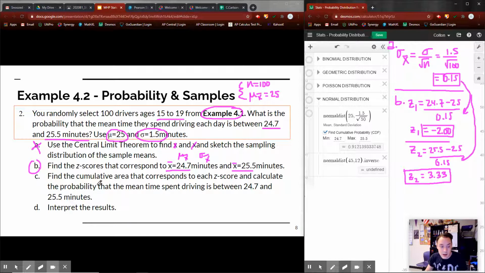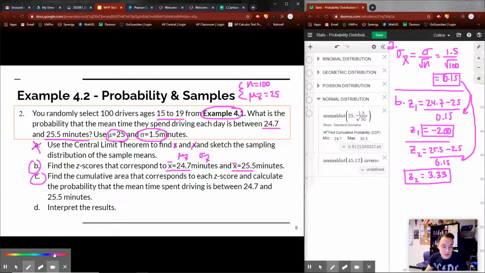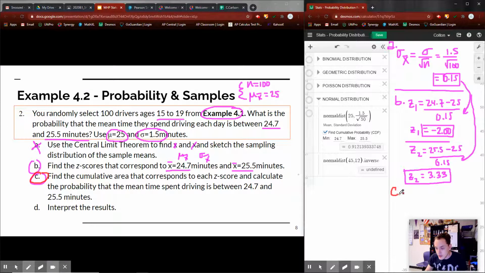Okay, fantastic. Now, what is C? Now that I found my z-scores, let's go to C. Let's do this in red so it stands out. Now, I could find the probability between my z-scores, negative 2.00 and 3.33. I could change that to 0 and 1 and then put in my z-scores right there.